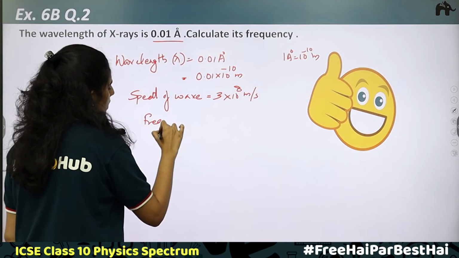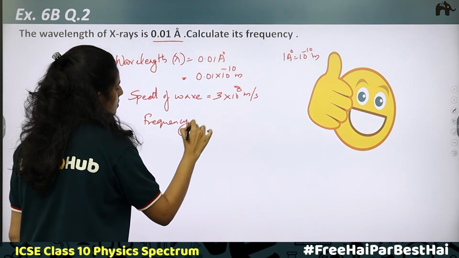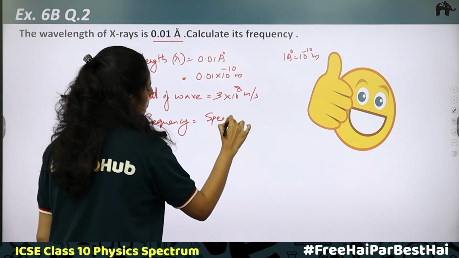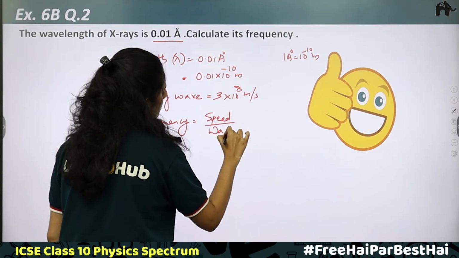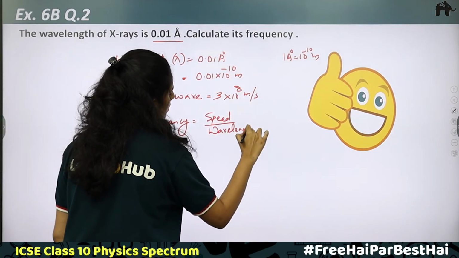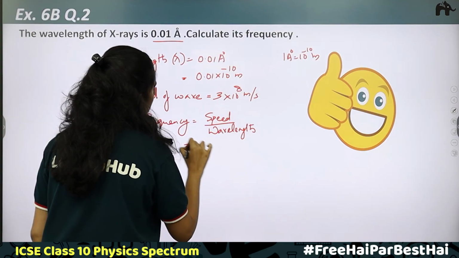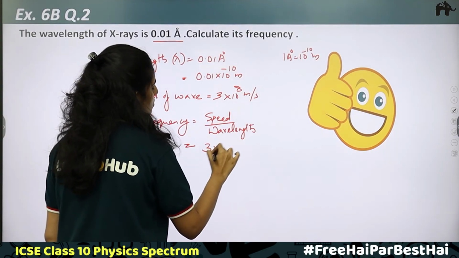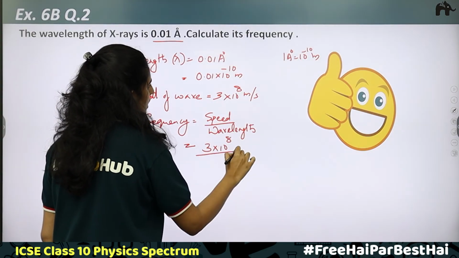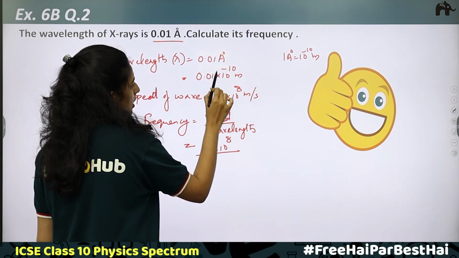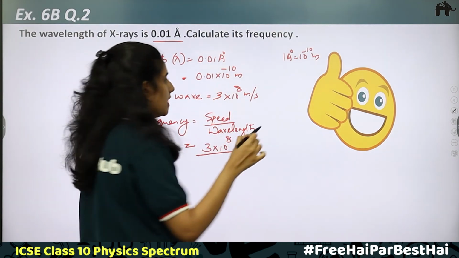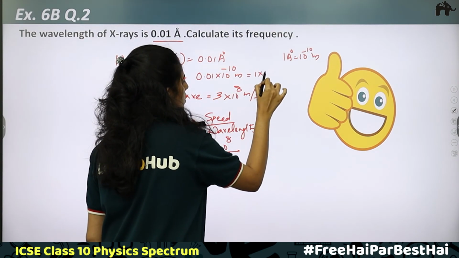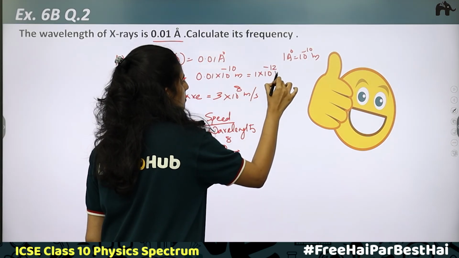So frequency will then be equal to speed divided by wavelength, which is equal to 3 into 10 raised to 8 divided by 0.01 into 10 raised to minus 10 meter, which can be written as 1 into 10 raised to minus 12 meters.